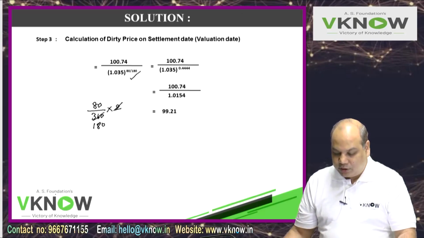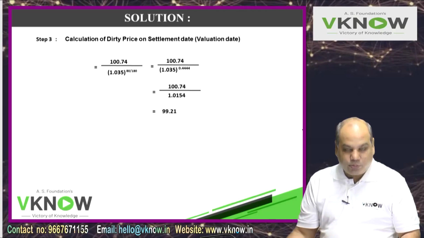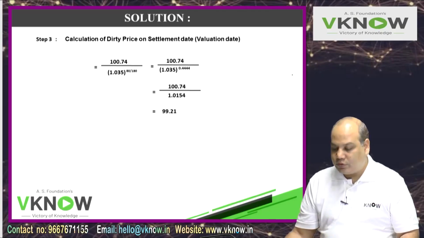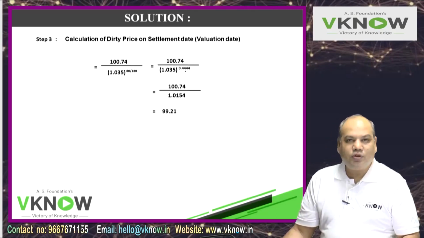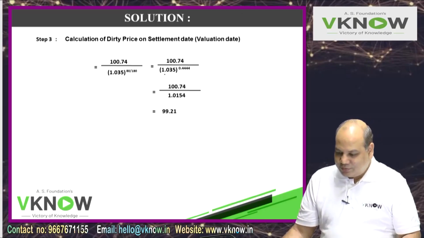Simplify 80 by 180. Take your calculator. 80 by 180 is 0.4444. So 100.74 divided by 1.035 to the power 0.4444. Now solve this.